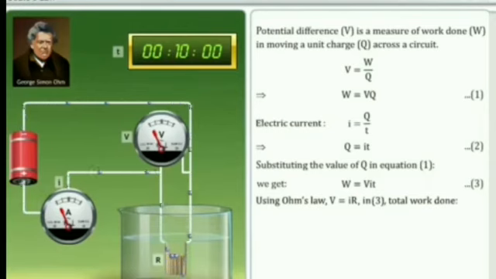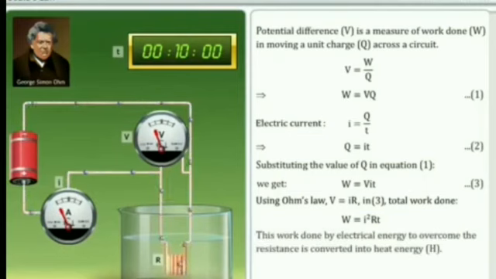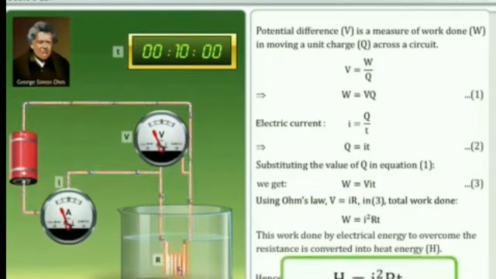Work done is used to overcome resistance, and that is converted to heat energy and represented by the letter H. So we can write H = I²RT. So this is the mathematical expression for Joule's law. H = I²RT.